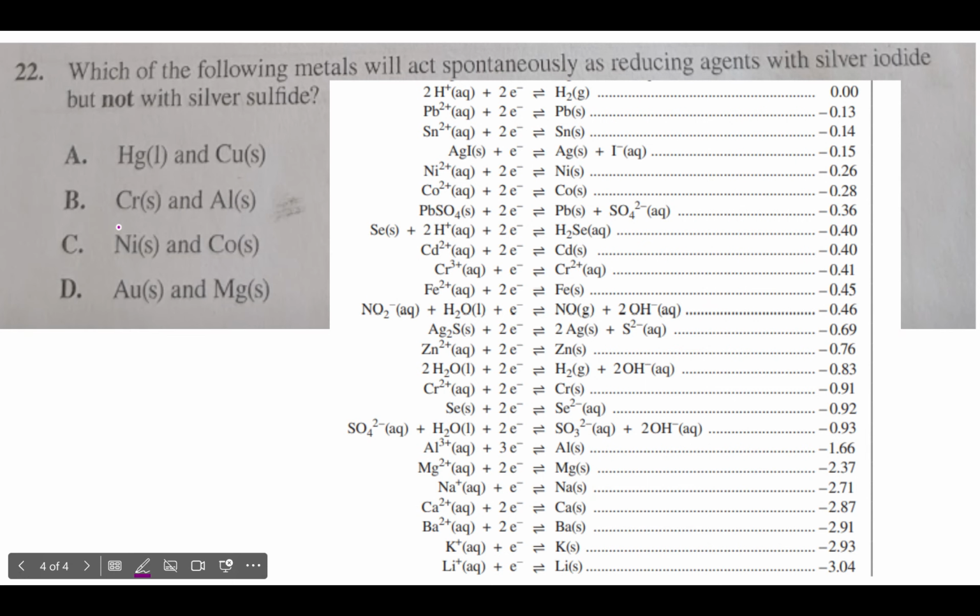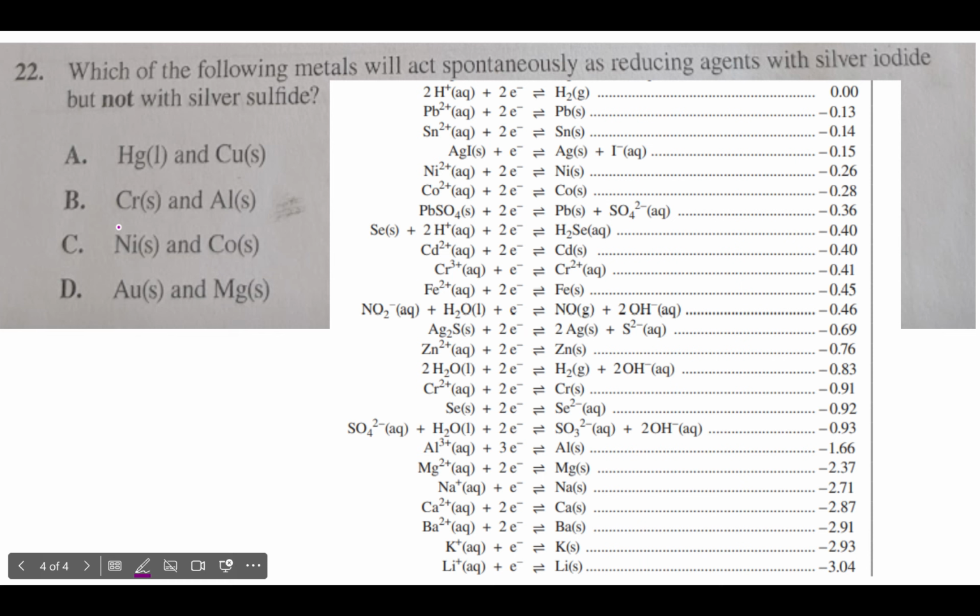And then lastly, this question here is to do with spontaneity. So saying which of the following metals will react spontaneously as a reducing agent with silver iodide, but not with silver sulfide. So looking at placement, if you have silver iodide, now I can't seem to find it.